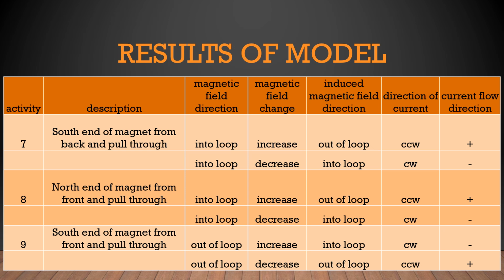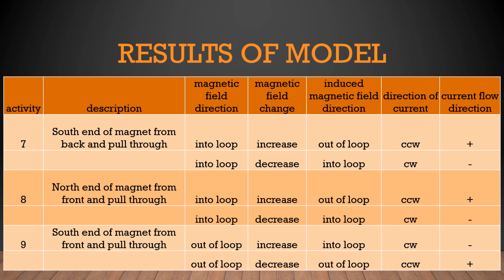The main conclusion from this is that if you imagine the arrow pointing into the south end of the magnet, the EMF is going to do the opposite of what that arrow is doing. So if the arrow is pointing towards the loop, it's going to make an EMF that's going to point out of the loop.